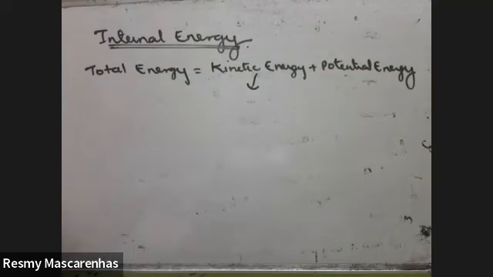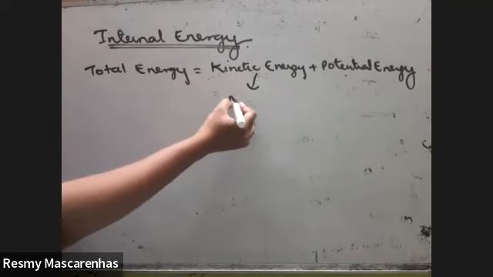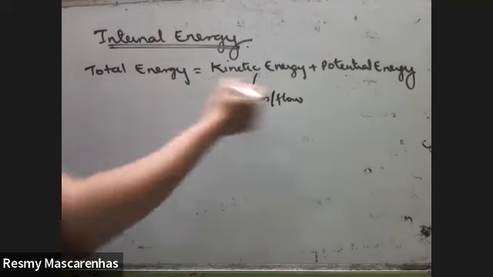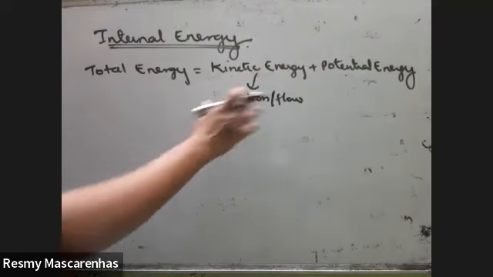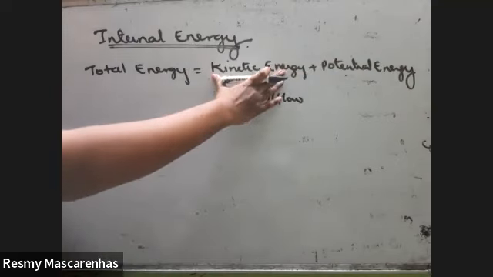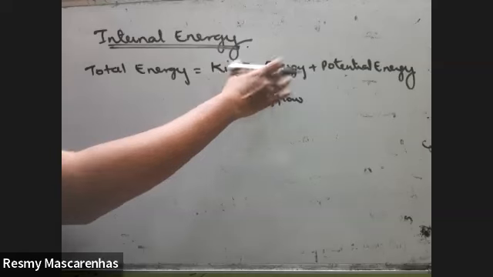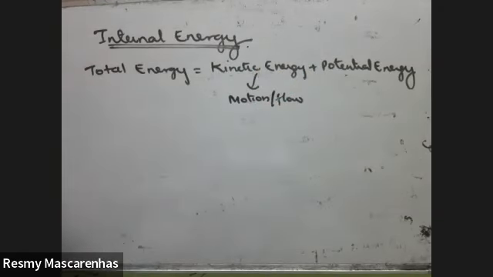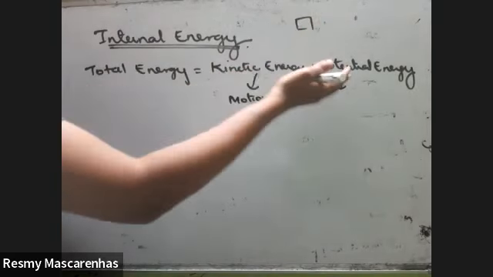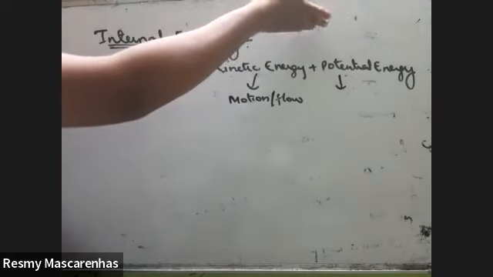The total energy of any system is usually taken as kinetic plus potential. Kinetic will definitely be related to motion or movement. If any movement is taking place, there's a displacement, then it is related to kinetic. Potential means it is stored, at a height, suppose. I told you, a water tank at a height, it should be above the ground. Definitely there should be height.